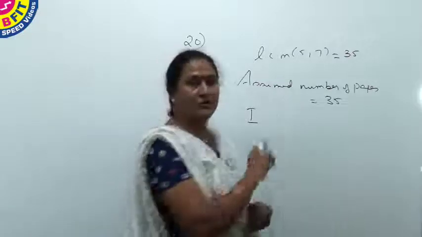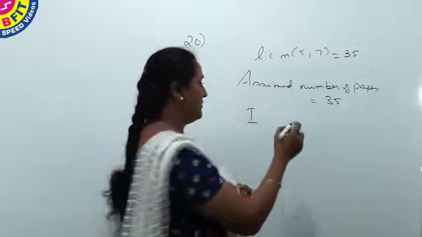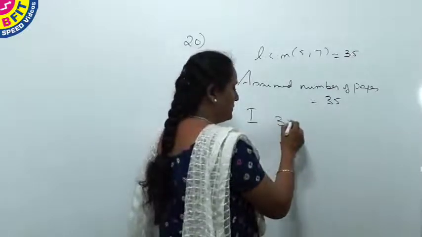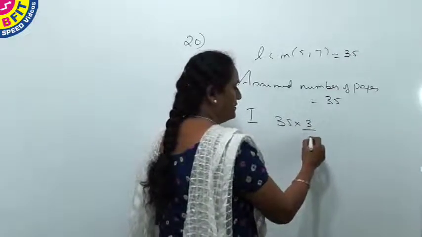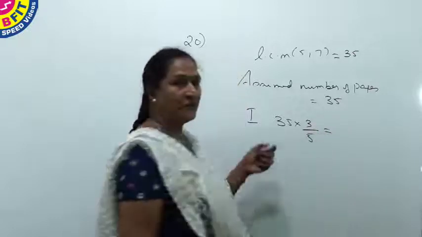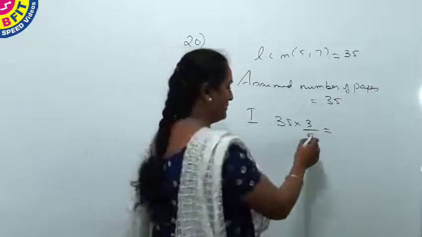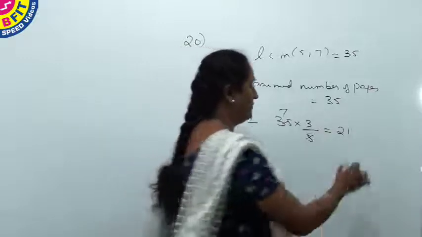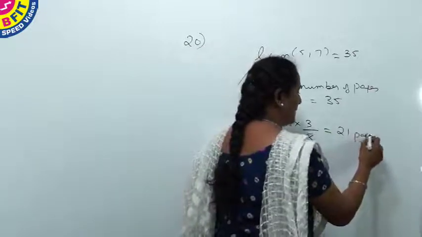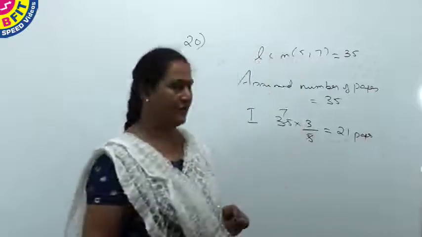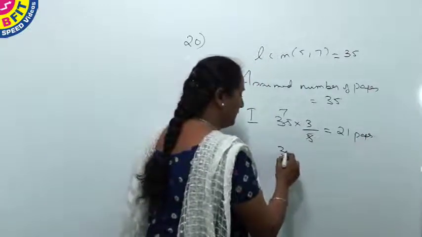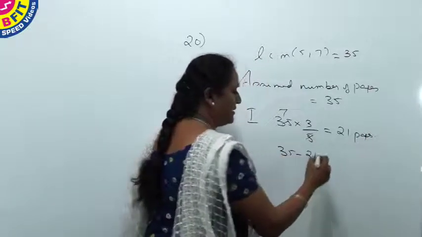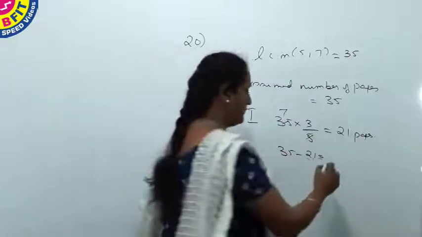We have assumed that the book contains 35 pages. So in this 35, she reads 3 by 5 of the pages, which is equal to 21. So she has read 21 pages on the first day. Out of 35, the remaining pages to be read is 14.